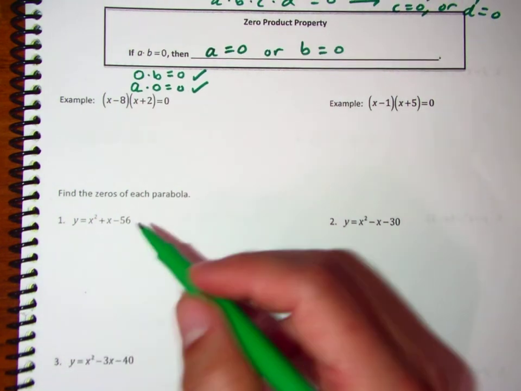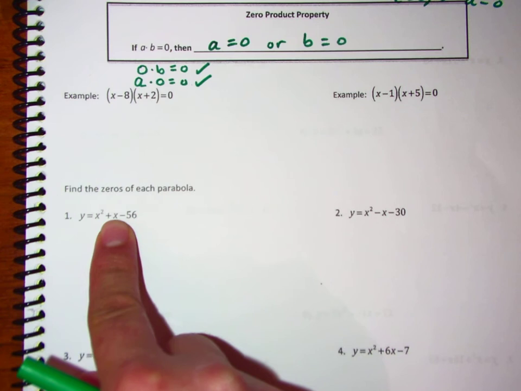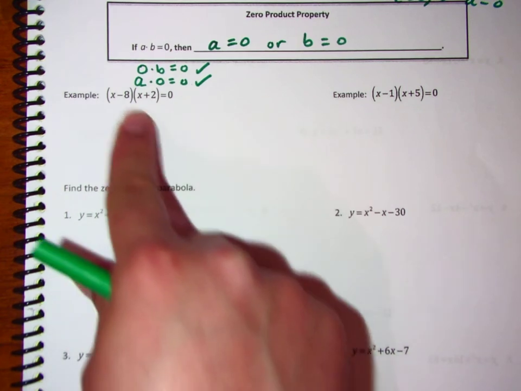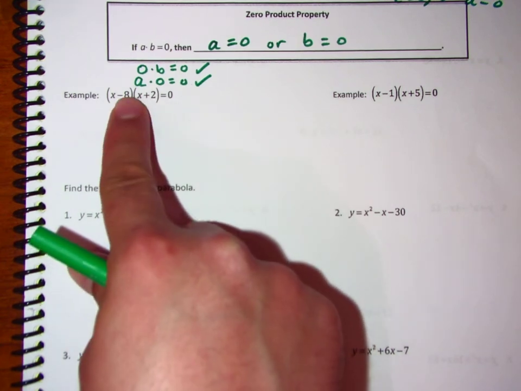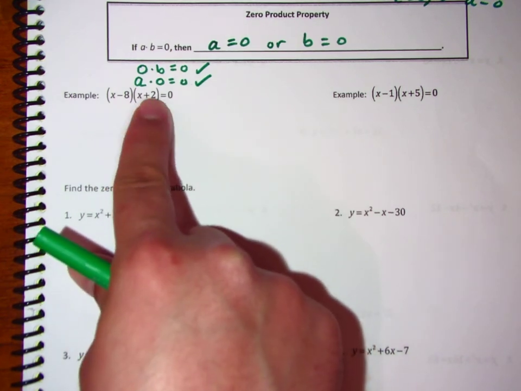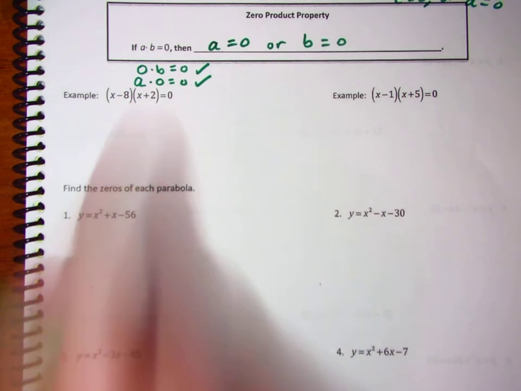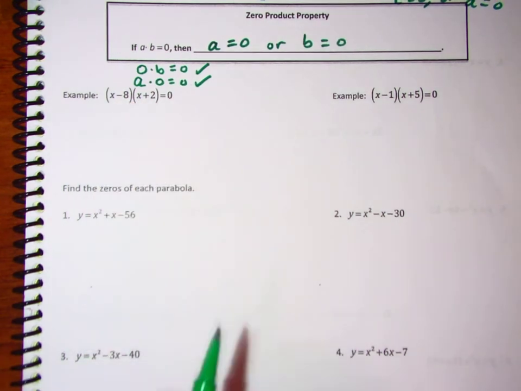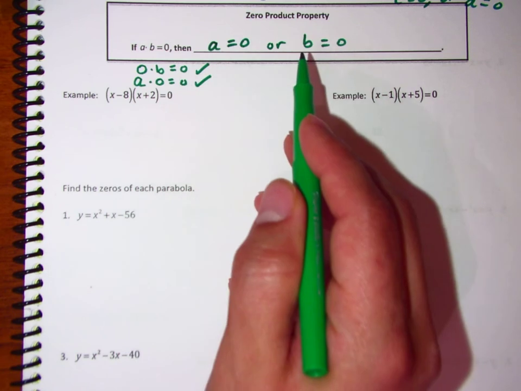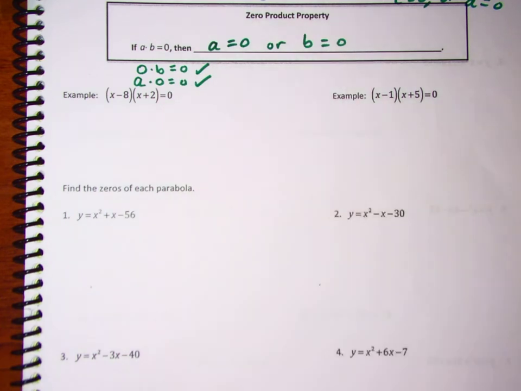Now, if we can make this function look like this, where we write it as two factors or two numbers multiplied together, we can go forward using the zero product property. Okay, and so here's how this works.